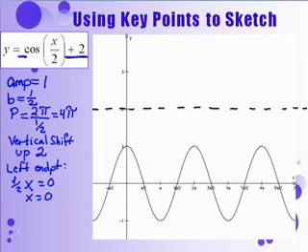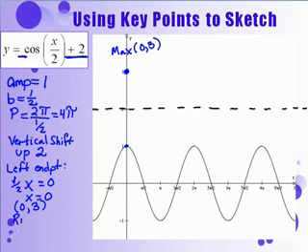And remember cosine, down here we had 0, 1 as our left endpoint. Well, that means that we're going to be up here for our max at 0, 3. So our left endpoint is 0, 3.